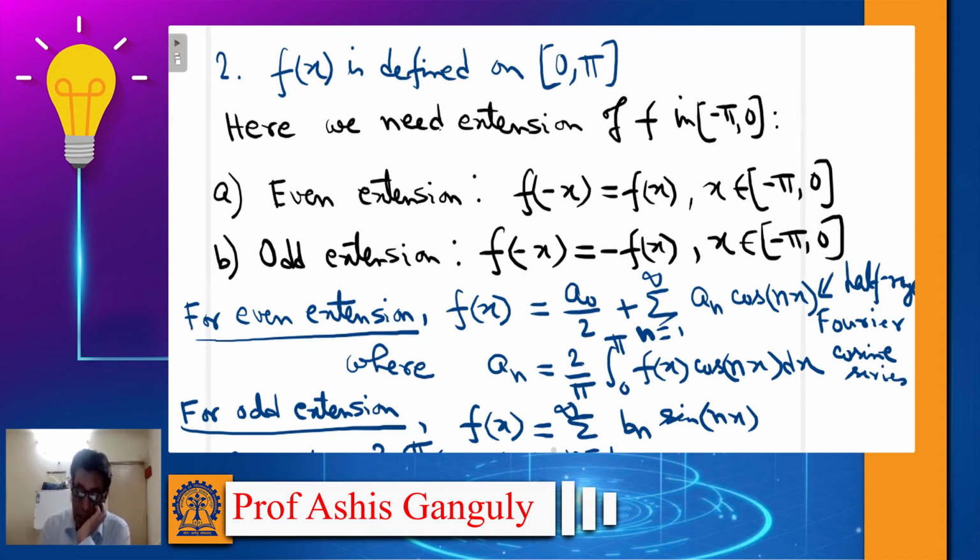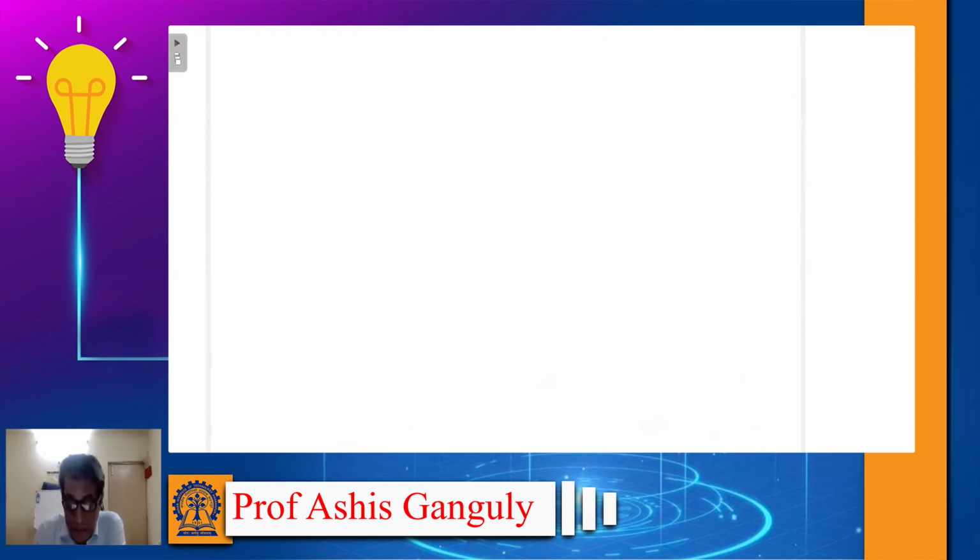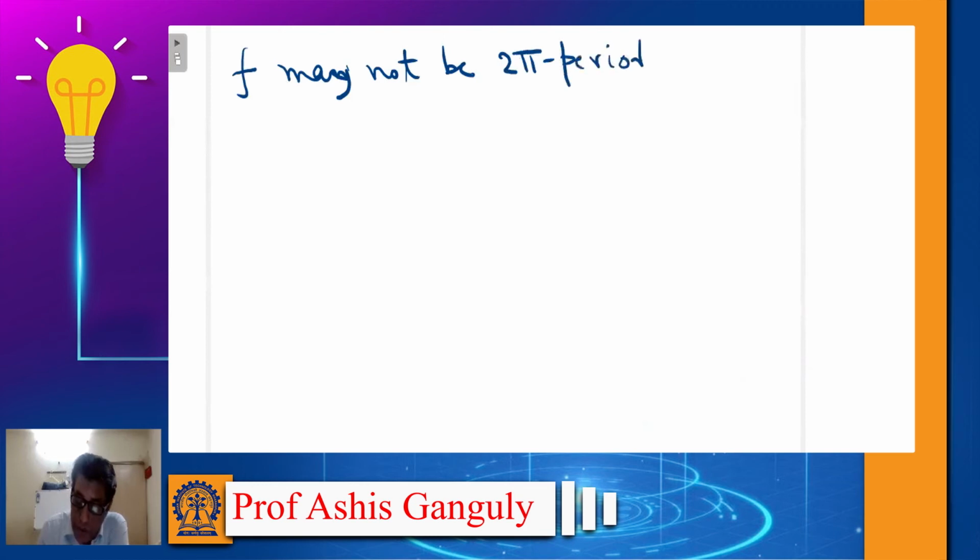So these two special cases are fine, but still one more thing needs to be pointed out. What is that? f may not be 2 pi periodic always, no?